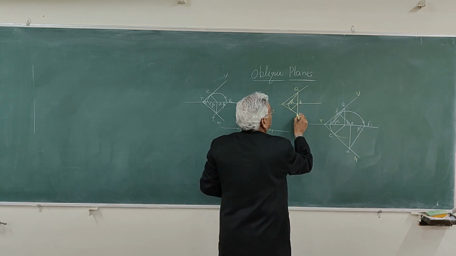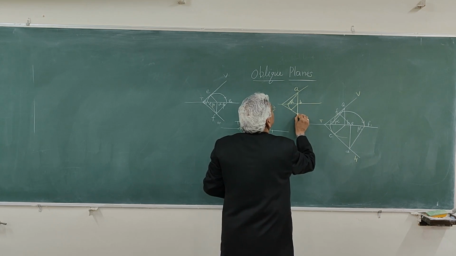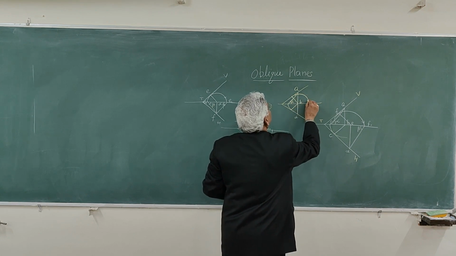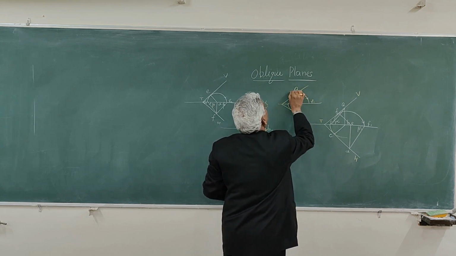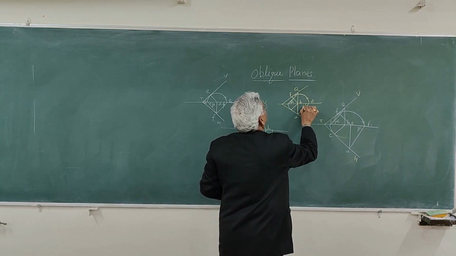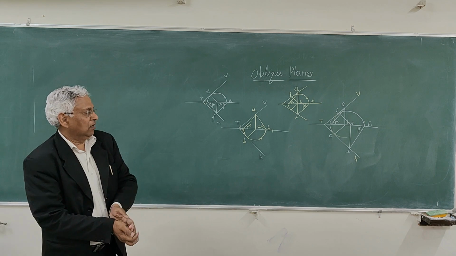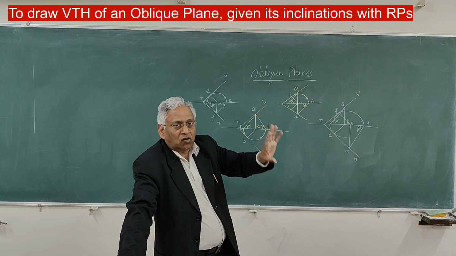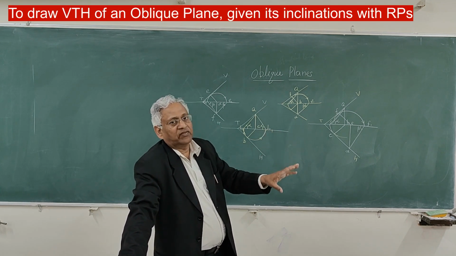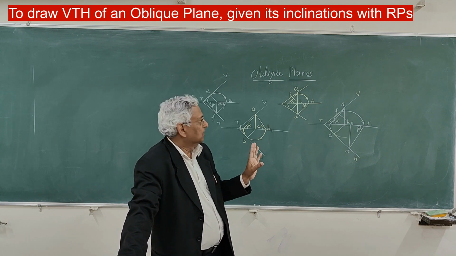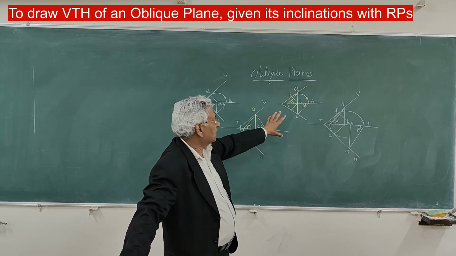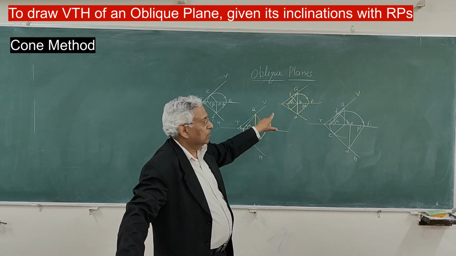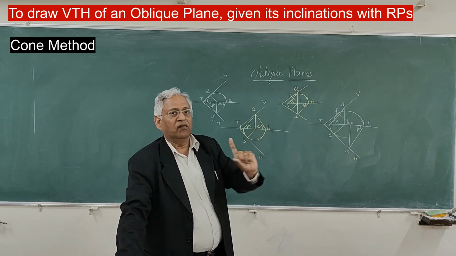This is the point D, this is the perpendicular, and this is point F1. This is angle beta. This is the procedure of drawing the vertical trace and horizontal trace when alpha and beta are known. The reverse of this method is the method of plotting the vertical trace and horizontal trace when alpha and beta are given.